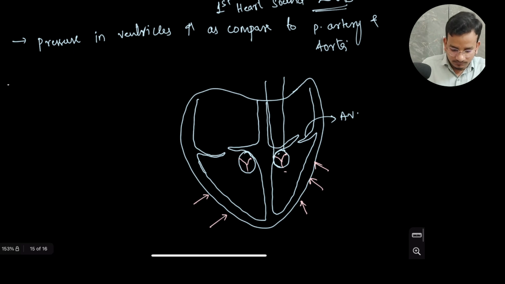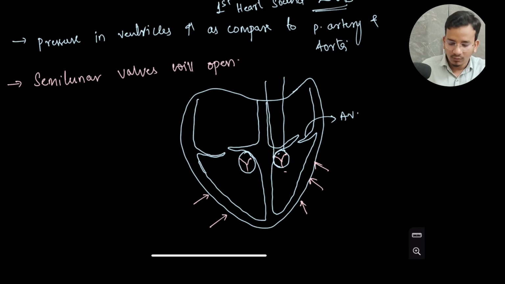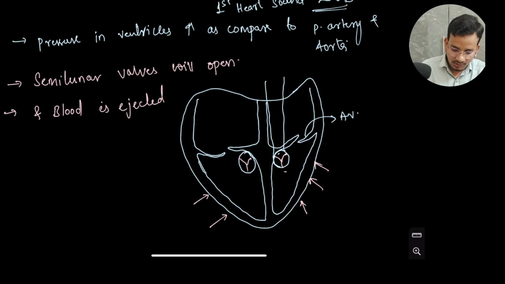Okay, so now semilunar valves will open due to the contraction of the ventricles, and blood is ejected out of the heart.